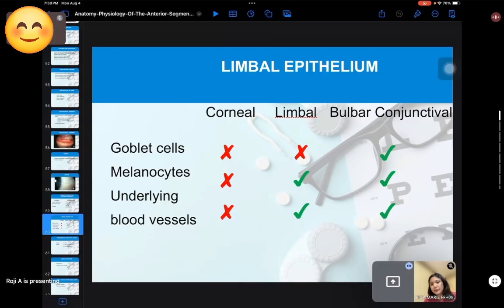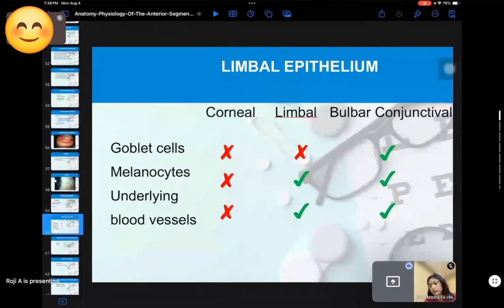As you can see, the X, corneal, and limbal, you don't have goblet cells. The bulbar conjunctiva, yes, present. Melanocytes, not present in the corneal, but limbal and bulbar, it is. Blood vessels, no. Of course, you cannot have blood vessels in the cornea or else it will be translucent to opaque. But present in the limbal and the bulbar. That's why your cornea is still healthy, thanks to the blood vessels in the circumlimbal.